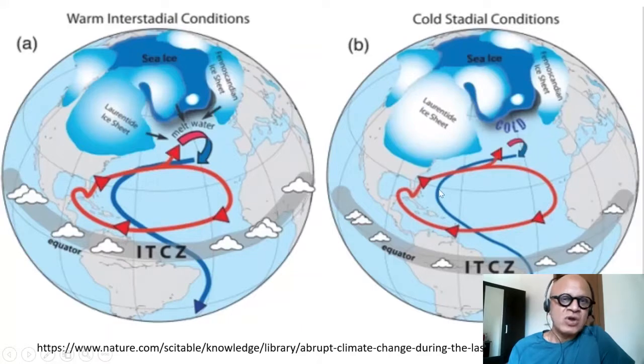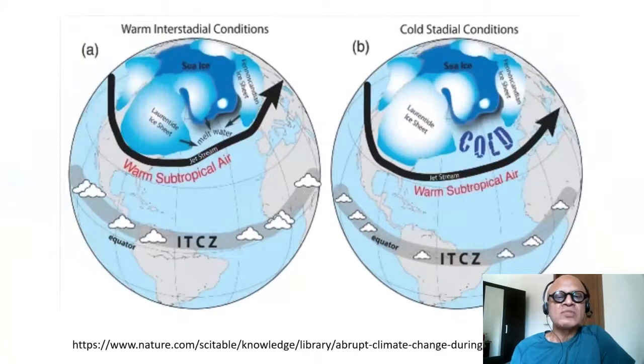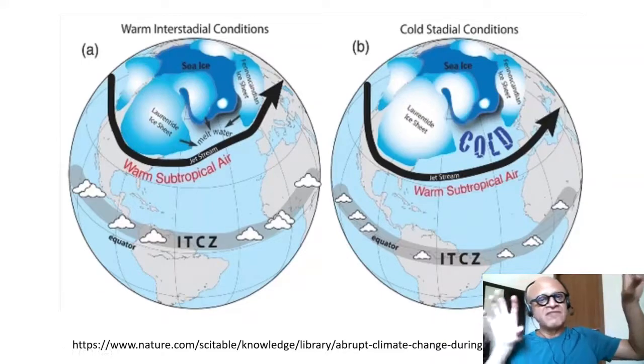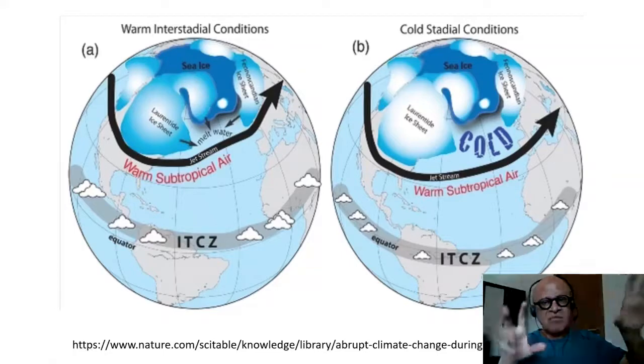So AMOC, or Atlantic Meridional Overturning, remains a prime candidate for this, but newer arguments also include how the zigzag of the jet stream varies, and there is some evidence that global warming and loss of sea ice over the Arctic is creating changes in the jet stream pathway, its meandering and invasion of colder Arctic air to the south, and invasion of the warmer subtropical air to the north, creating very warm Fairbanks, Alaska, and very cold Washington, D.C. at the same time, and so on and so forth.